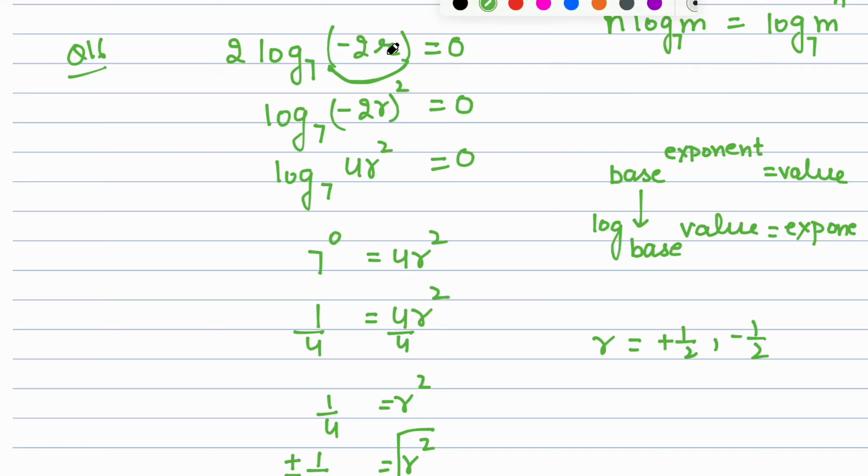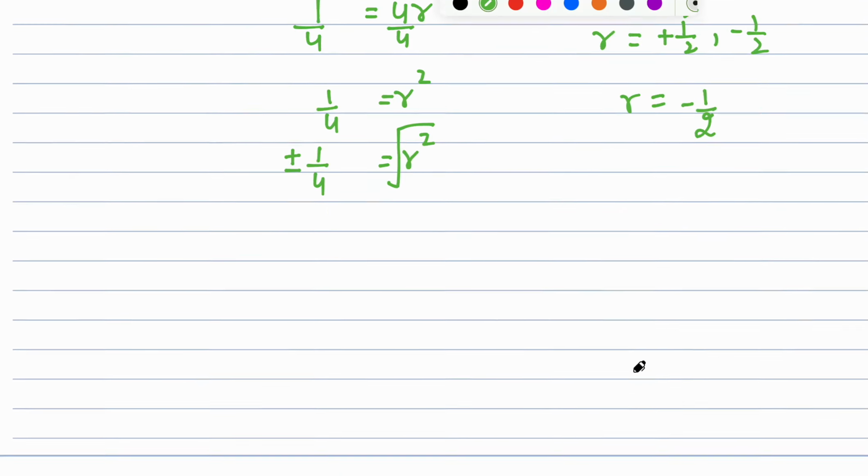So if I put r as negative 1 by 2, only then it will give me a positive value. So though r equal to 1 by 2 is one of the solutions too, with the basic question, only one value of r will work, which is negative 1 by 2. Many important points we are discussing over here, so be careful, like how to use different properties.